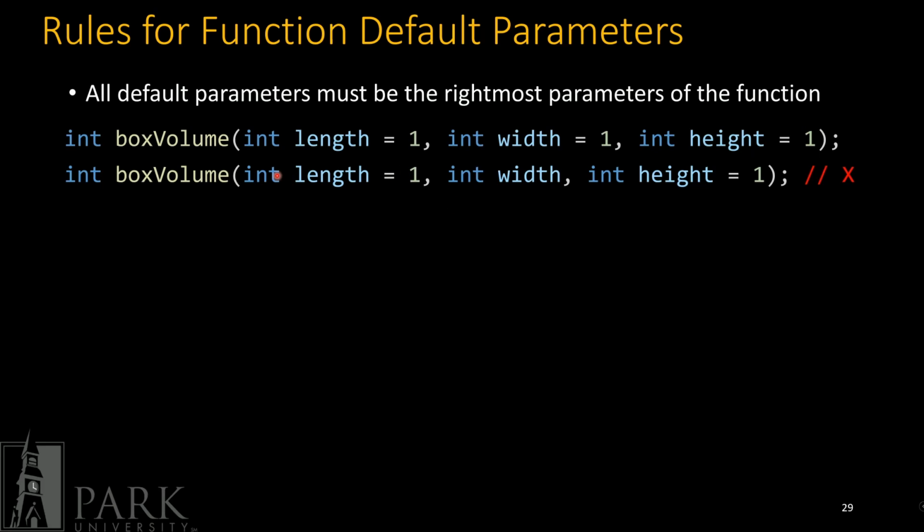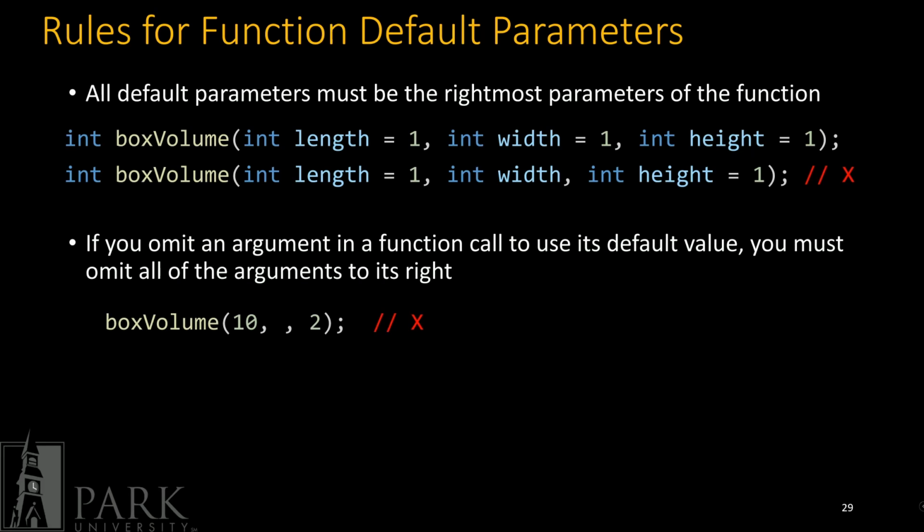So since we had a default value for length, every parameter after it has to include a default value. Similarly, you may only skip the rightmost arguments in a function call. While this is valid in some languages like Visual Basic, we can't do this in C++. Okay? You can't just randomly decide to skip variables.